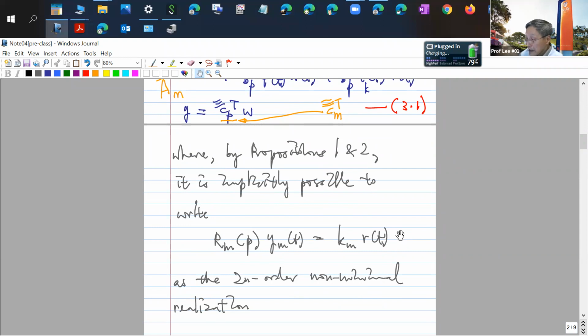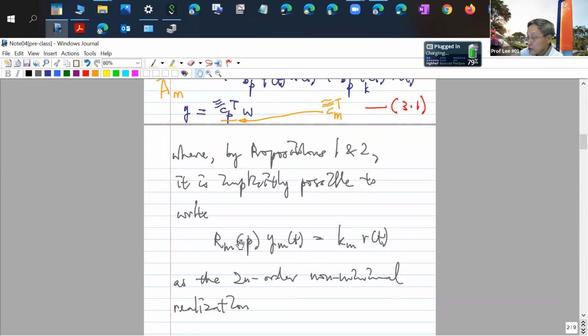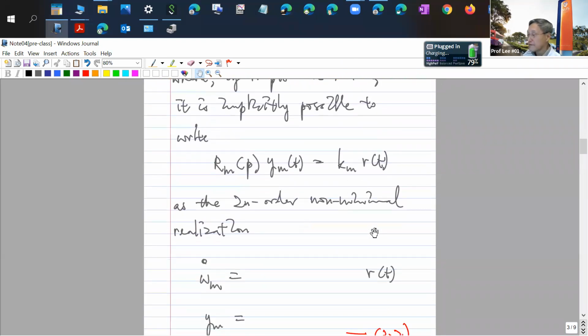But when you want to expand this out and write this fully in 2n order non-minimal realization, it will be exactly this thing. But when you actually compose the transfer function, it simplifies to this. And therein is where you need to watch that very, very carefully.